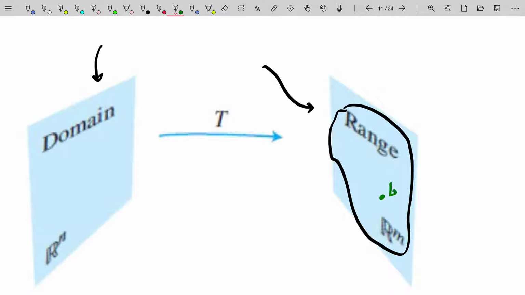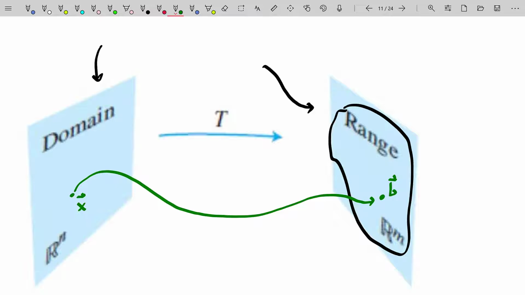That is, if you randomly pick some vector in Rm, because everything in Rm gets mapped to from Rn, there must exist a vector in Rn that gets mapped to that vector b. So it answers the existence question.